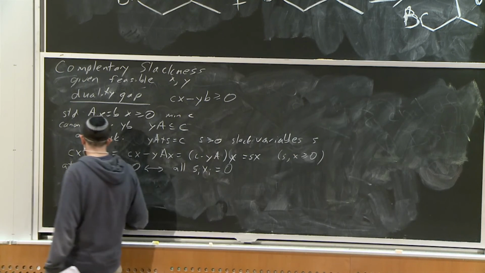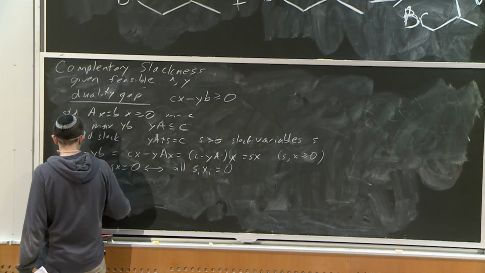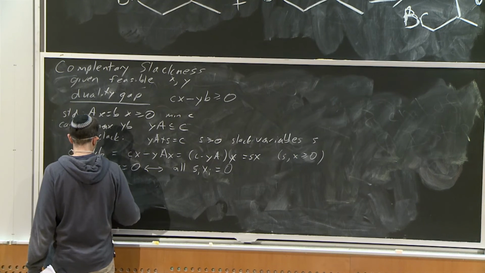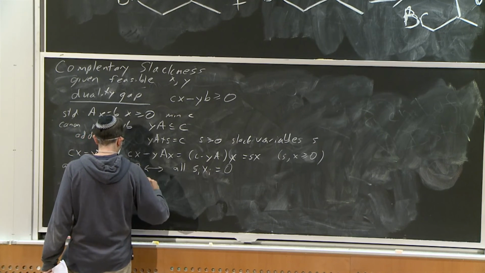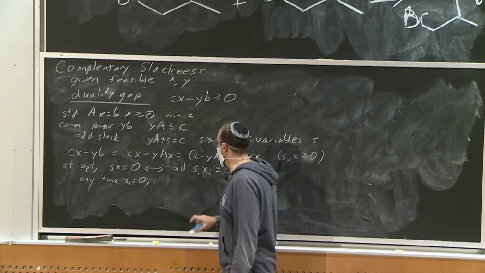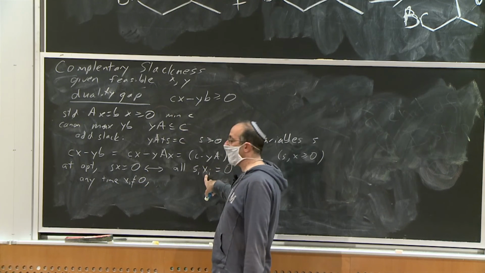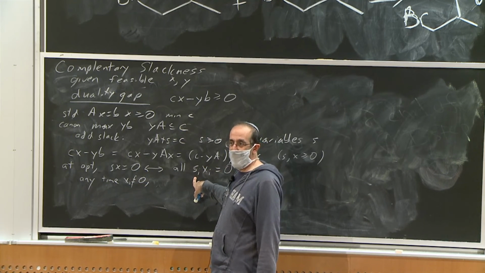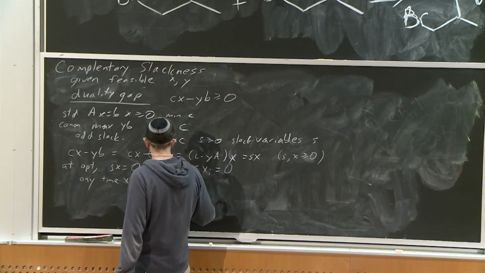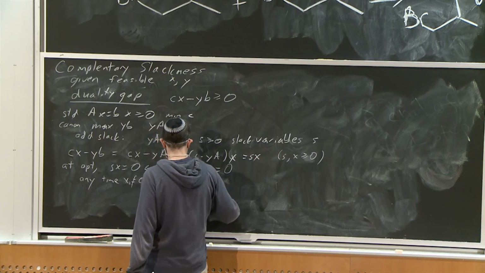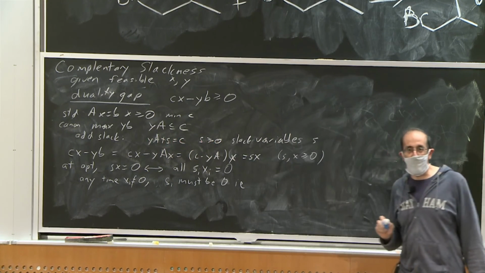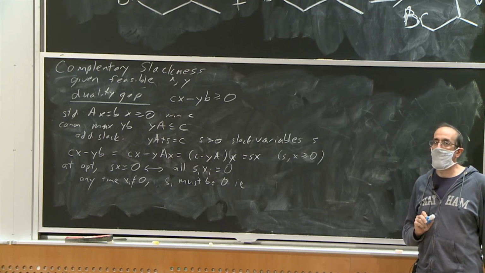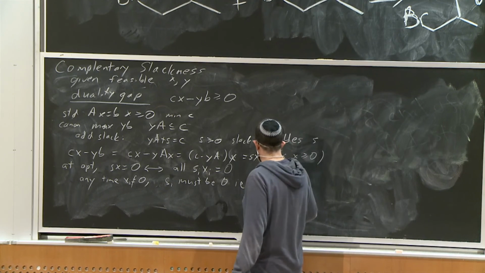What it means is that any time xi is not equal to 0, if xi is not 0, that requires that si be 0. And what does it mean for a slack to be 0? It means the constraint is tight.